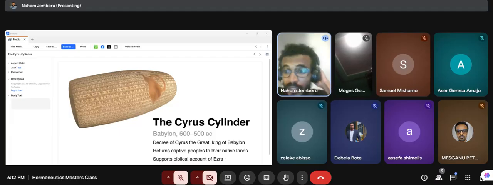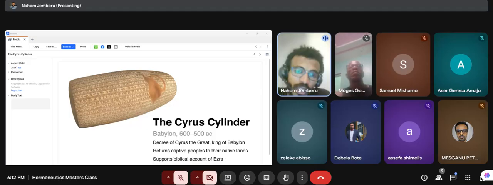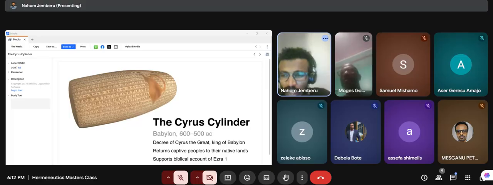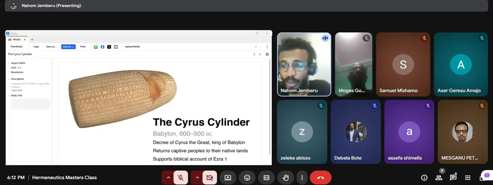So it in a way shows that the biblical account is essentially true, that Cyrus actually returned captives back to their native lands. But what makes this interesting is that half of this cylinder gives us a first-hand account of what Cyrus said about the event.